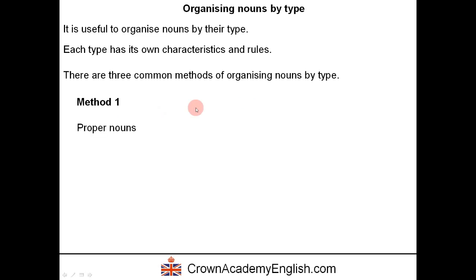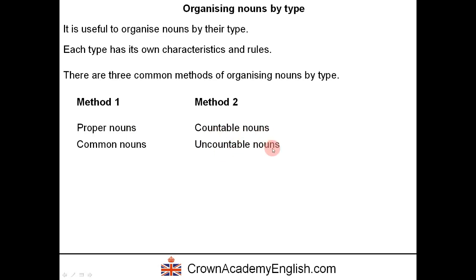So method one, we have proper nouns and common nouns. This is one way of organizing nouns by type. A noun is either a proper noun or a common noun. Another method, another dimension, is countable nouns and uncountable nouns. And don't worry, I'm going to explain these in this lesson.